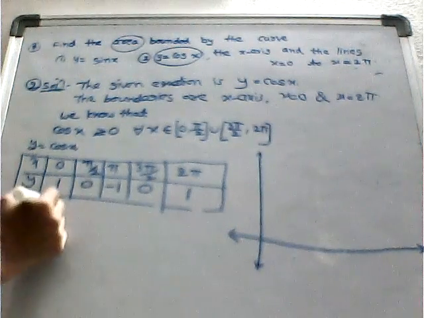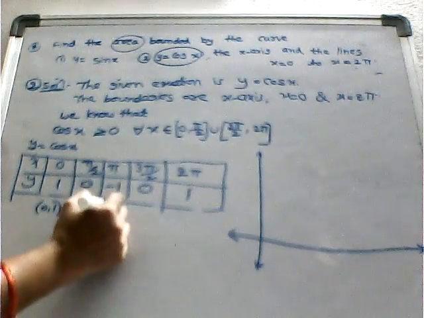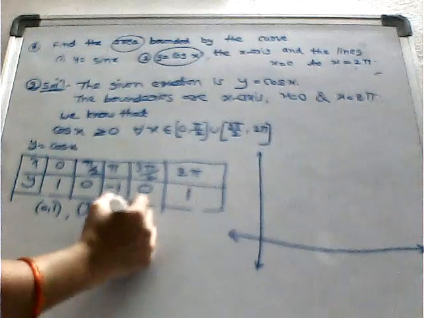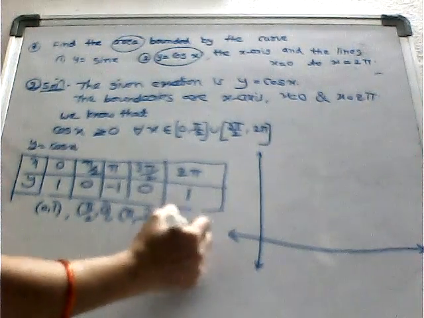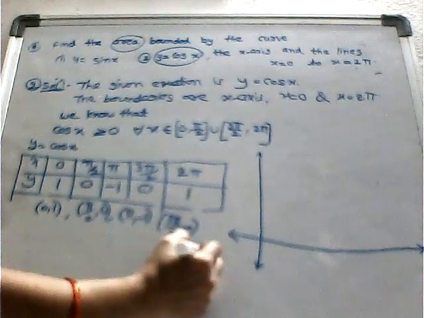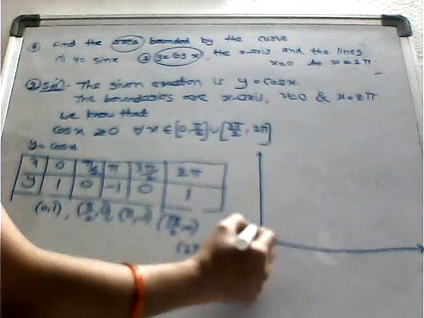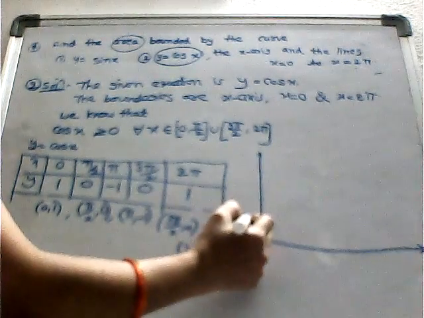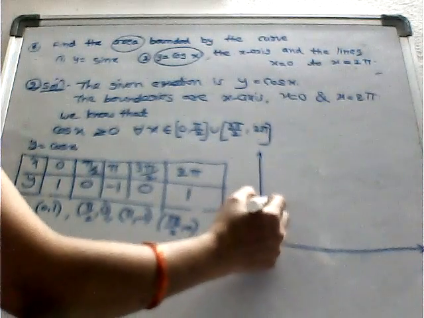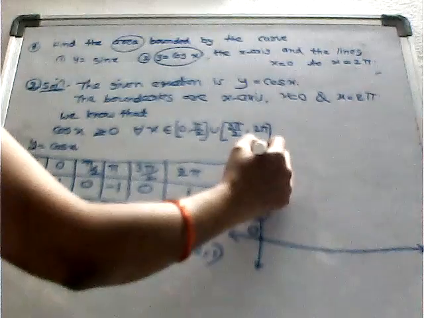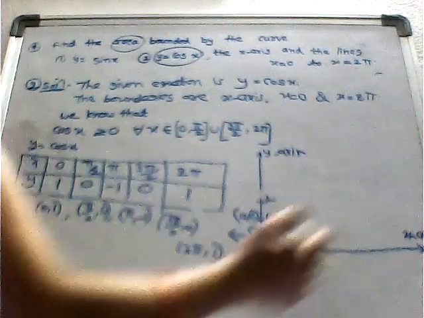So the points are 0 comma 1, pi by 2 comma 0, pi comma minus 1, next 3 pi by 2 comma 0, and this one is 2 pi comma 1. Fix these points. This is the O point, 0 comma 0. Next, take the values 1, 2 on the y-axis. This is the x-axis.